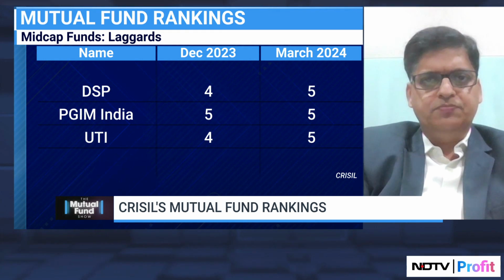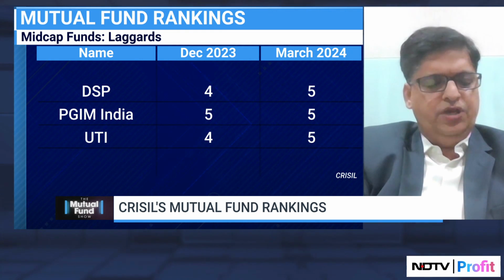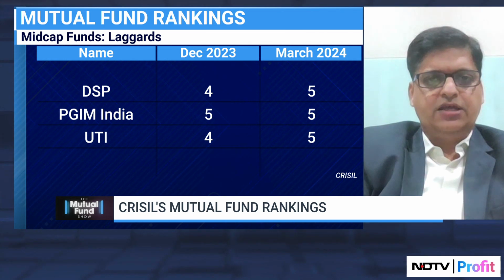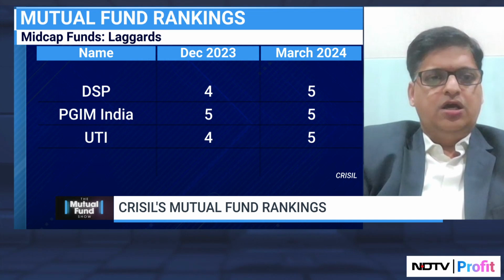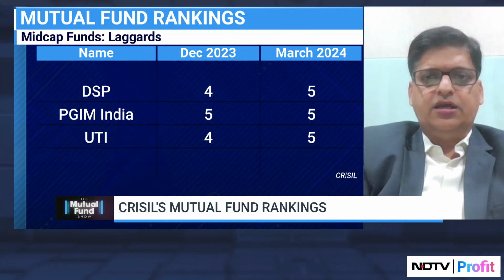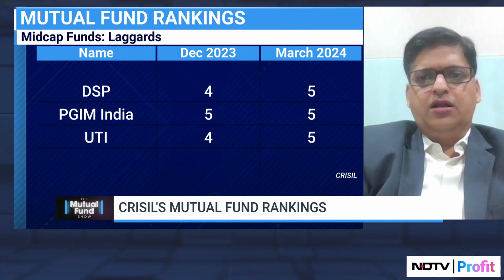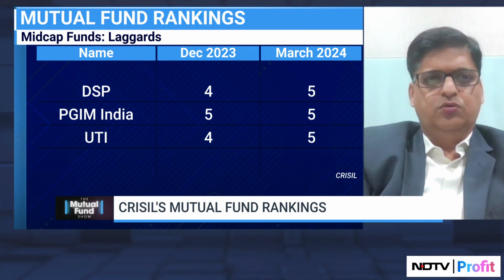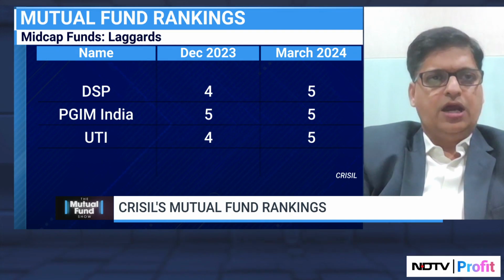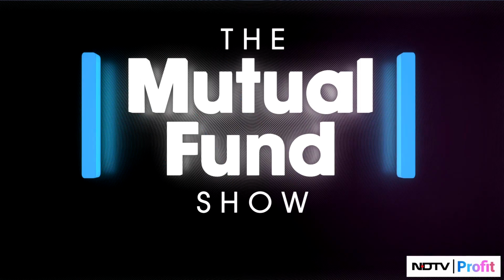Got it. When we look at PGIM, again this is a weaker performer in terms of ranking. It's ranked 5 in the last 3 consecutive quarters. Its lower ranking in return parameter and relatively lower ranking in liquidity parameter has impacted its overall ranking in the category. And third being UTI.